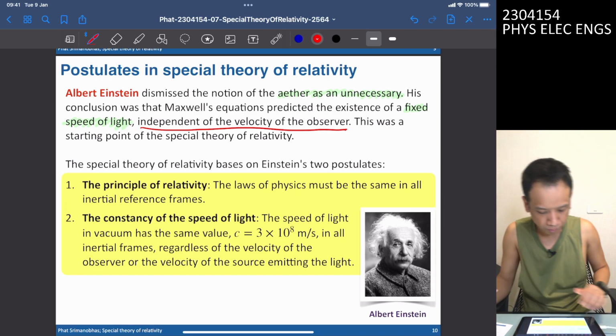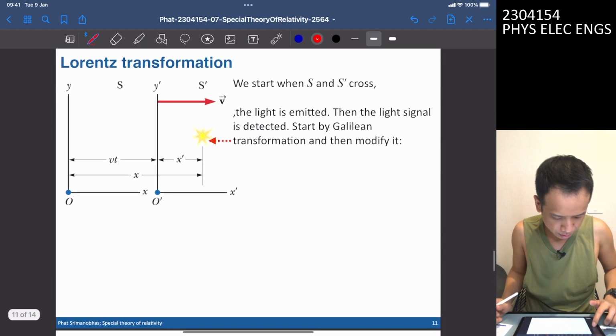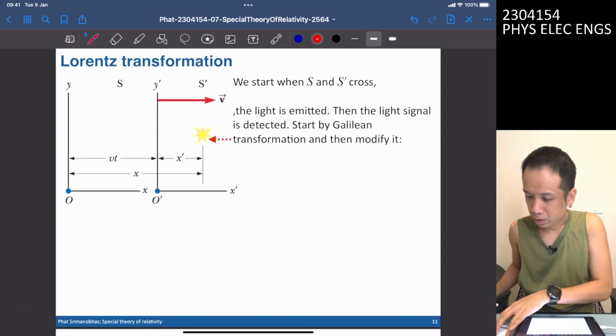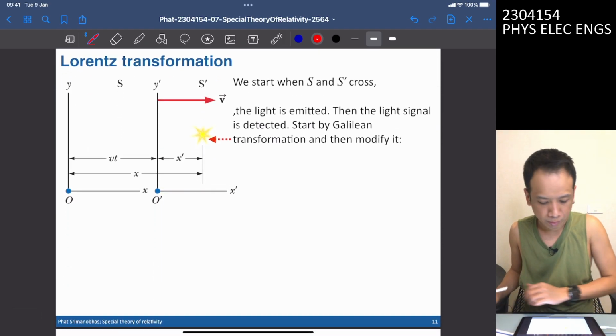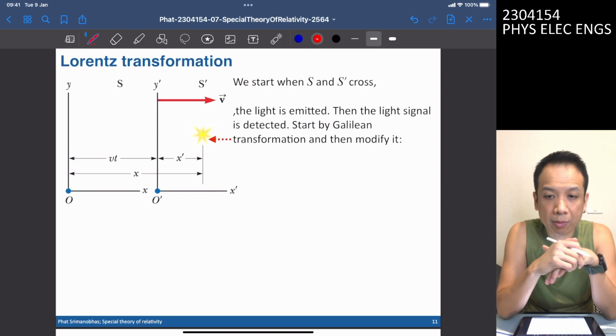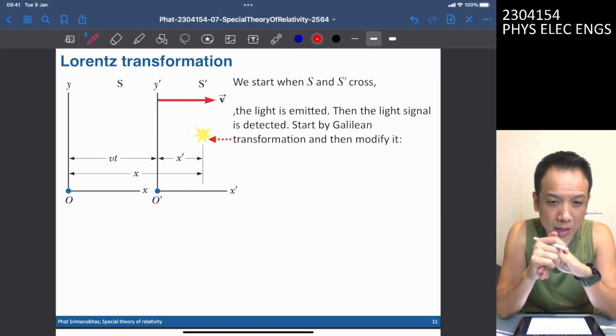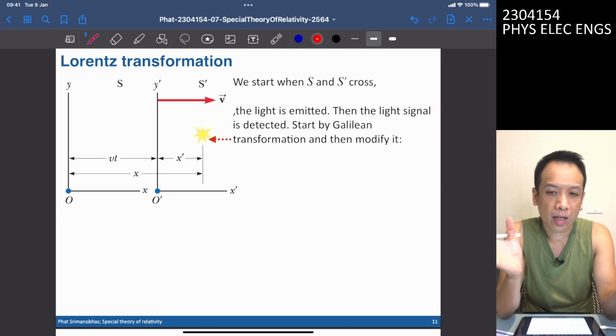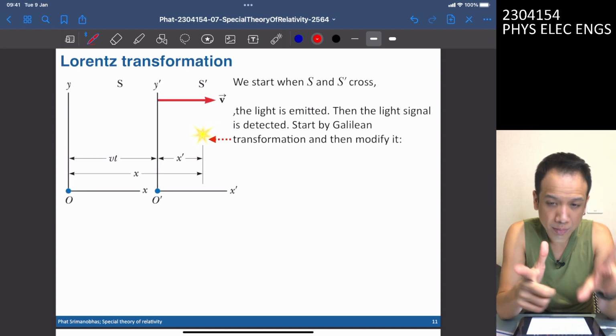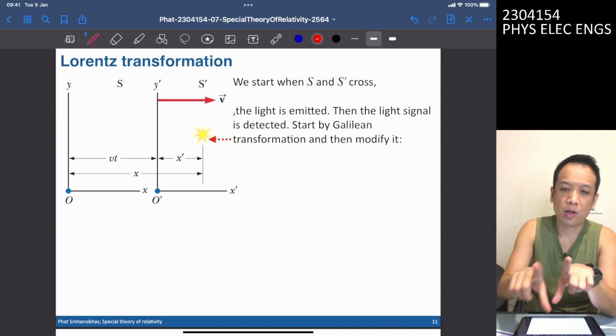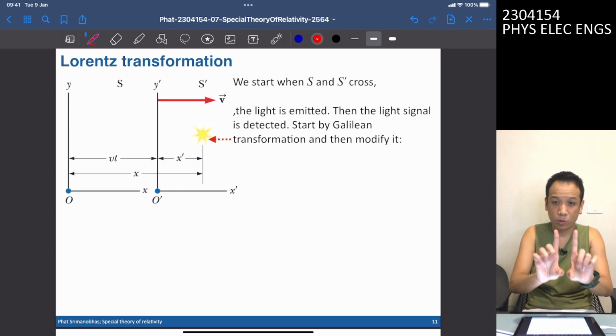The Lorentz transformations. We're talking about the same situation as the Galilean transformation. You have two reference frames, one moving with a constant speed with respect to the other.